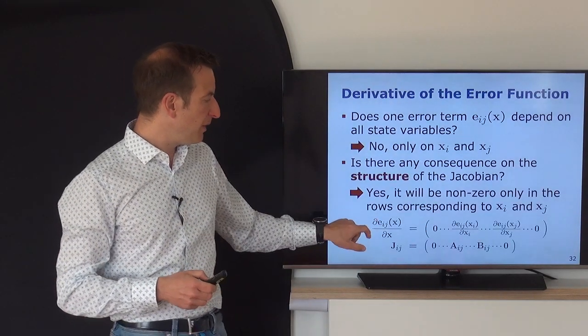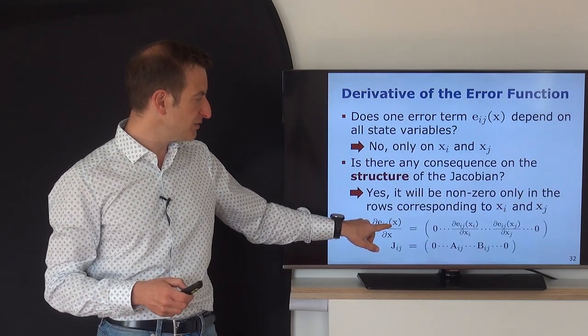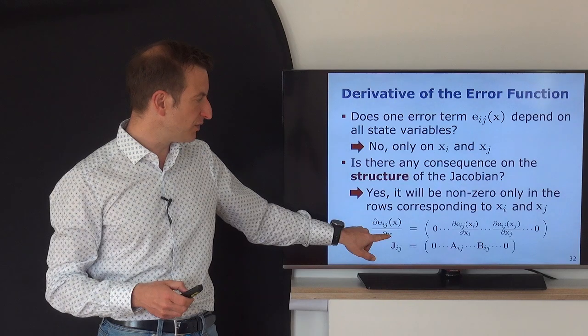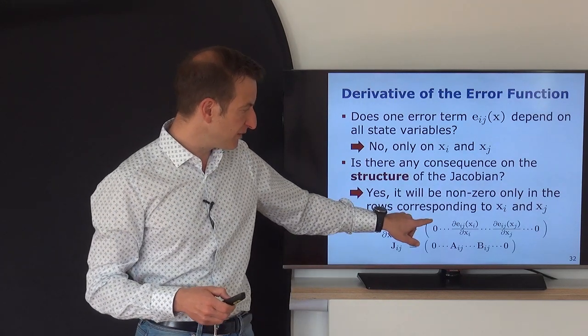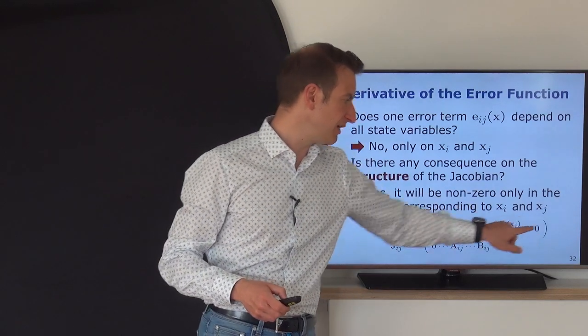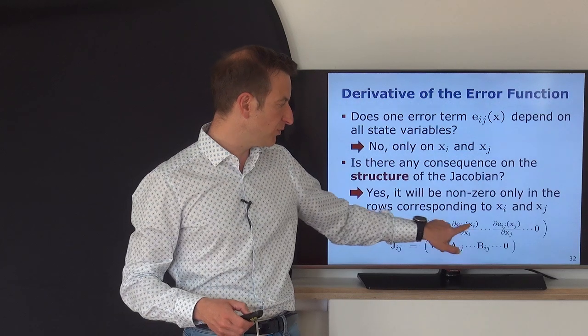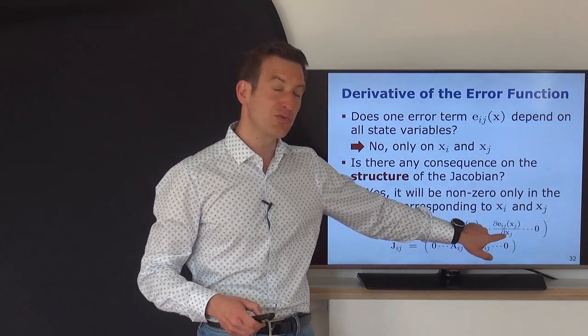So the partial derivative in this Jacobian of the error function with respect to all the parameters will be zero everywhere except for those blocks which are related to xi and those which are related to xj.